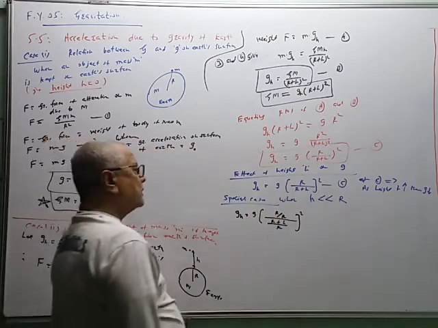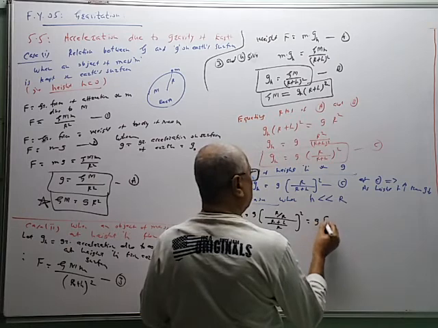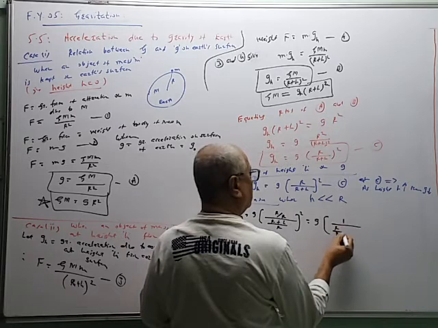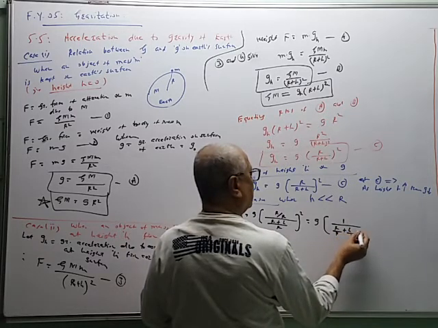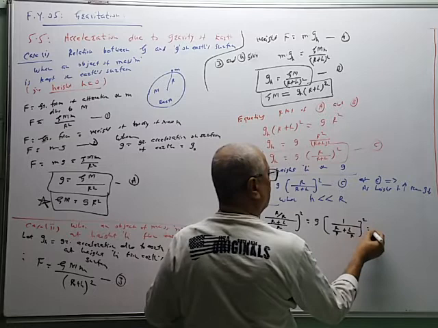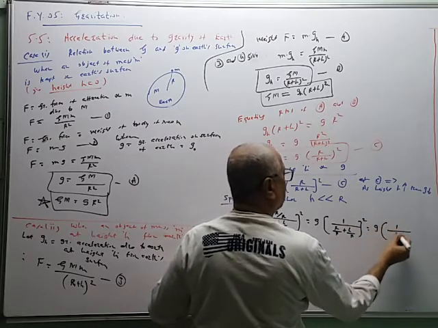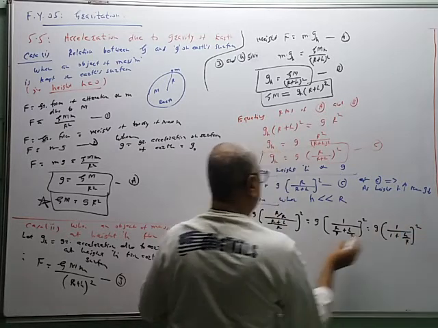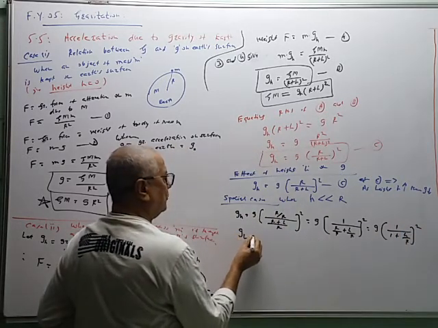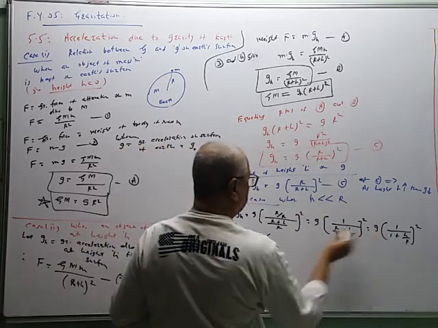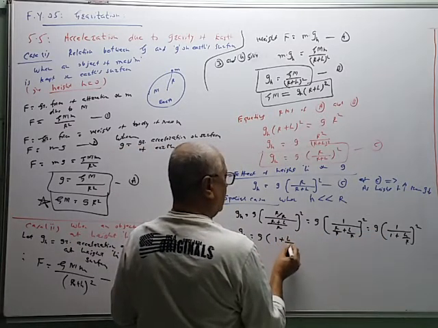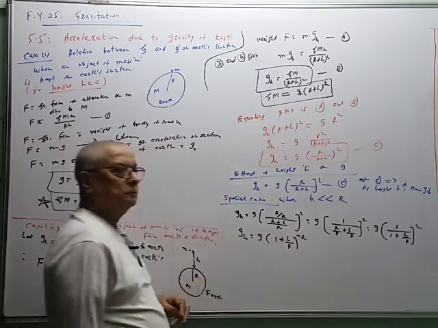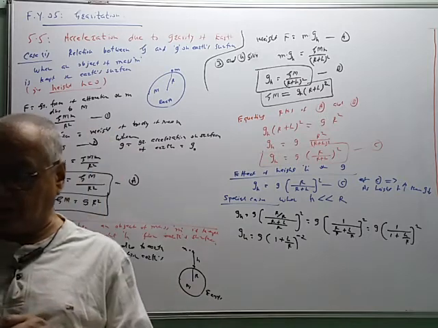Divide numerator and denominator by R. So this is equal to g into bracket R upon R is 1, plus h upon R bracket square, which is g into 1 upon 1 plus h upon R bracket square, and therefore gh can be written as g into 1 plus h upon R, and when it is taken in the numerator, it becomes minus 2.